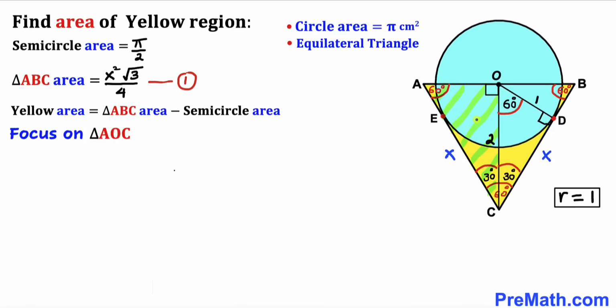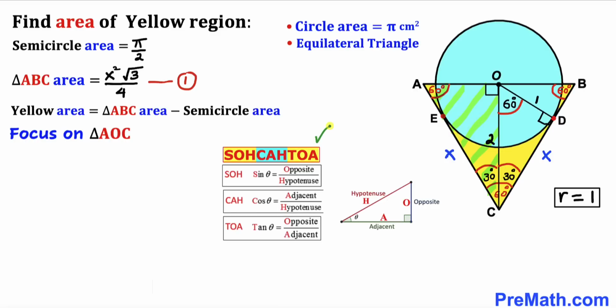And here's our next step. Let's focus on this right triangle AOC. And now let's recall SOHCAHTOA, and we are interested in sine of theta equal to opposite divided by hypotenuse. And in our case, our angle theta is 60 degrees, and this is our hypotenuse, and this opposite side is 2. So let's go ahead and apply this ratio over here.